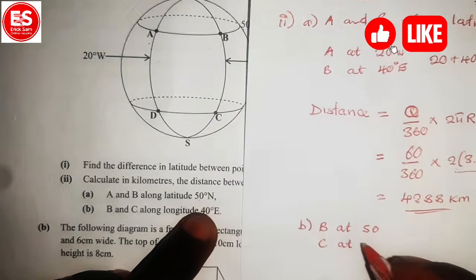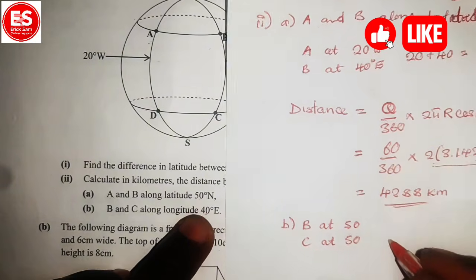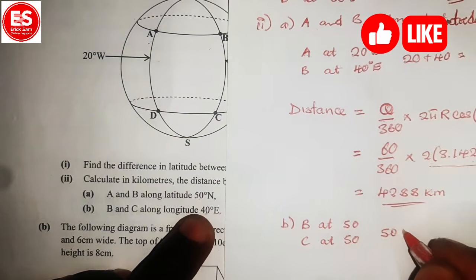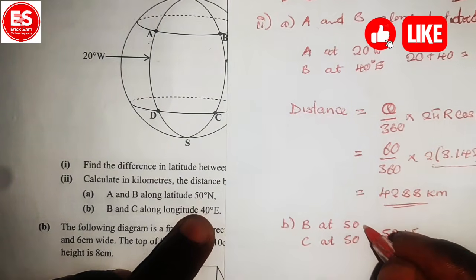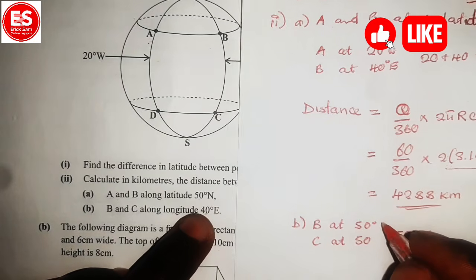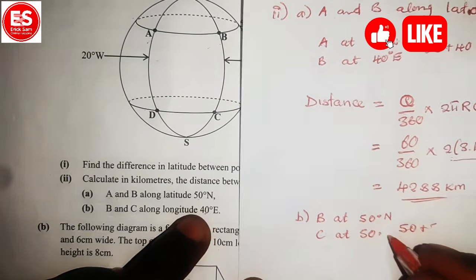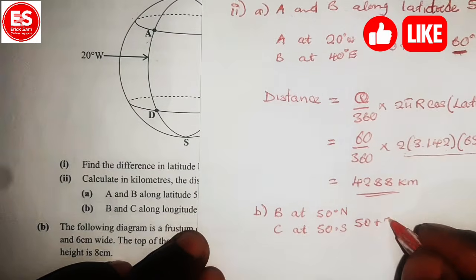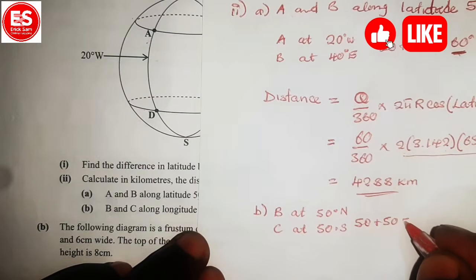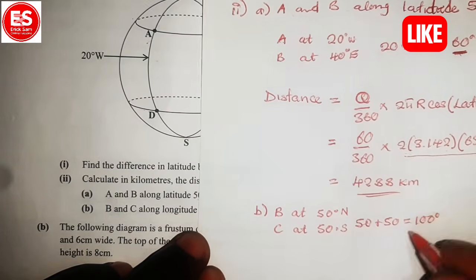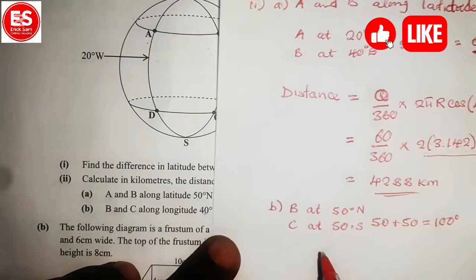It is also at 50, but one is degrees north and the second one is degrees south. So we add 50 plus 50 and you get 100 degrees. That is the difference in latitude.